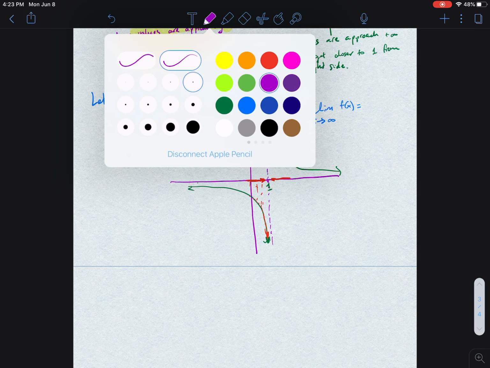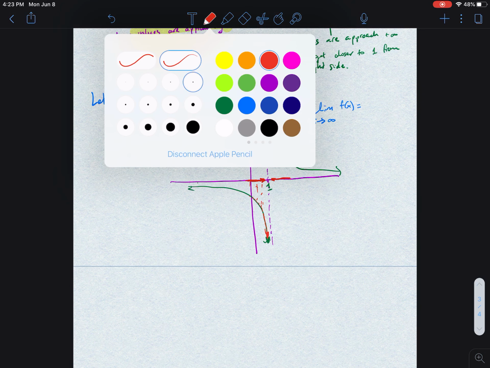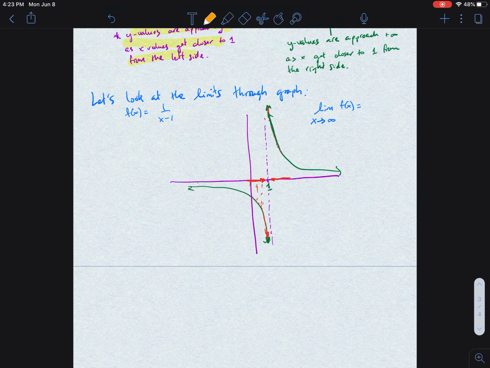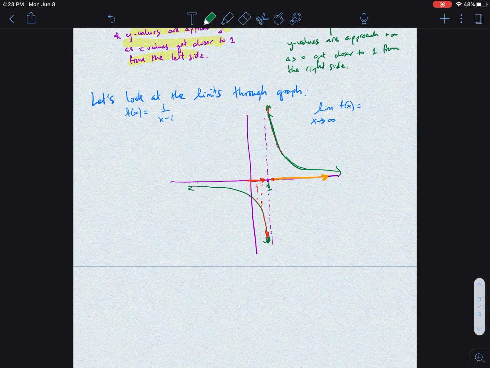Suppose we want to let x go to infinity, meaning x goes to infinity in this direction, x gets as large as possible. What is the behavior of the function? What is the behavior of the graph? What is it doing there? The y value is decreasing to closest to 0. Okay, so the answer here is going to be 0.